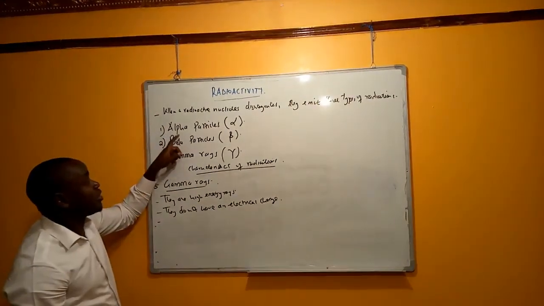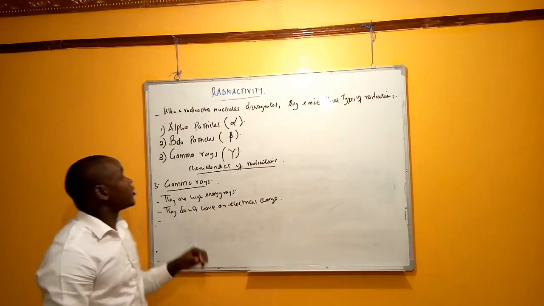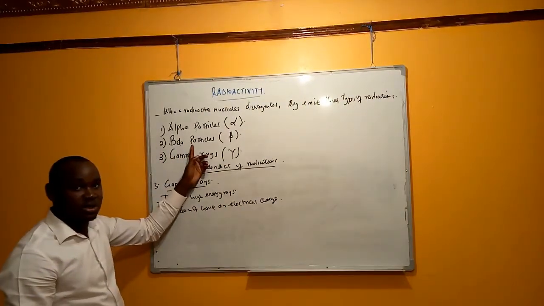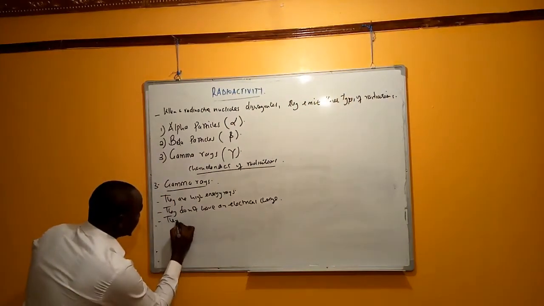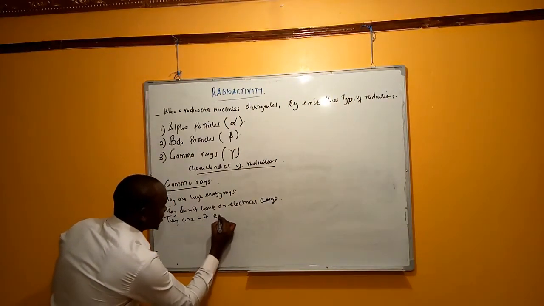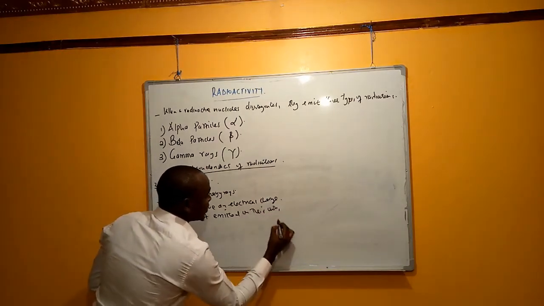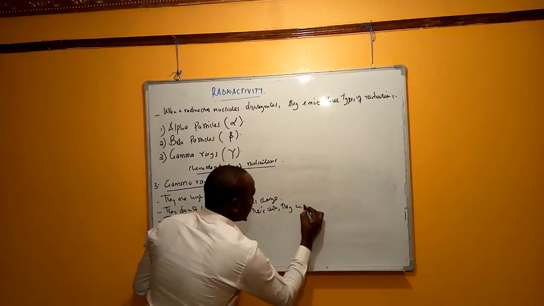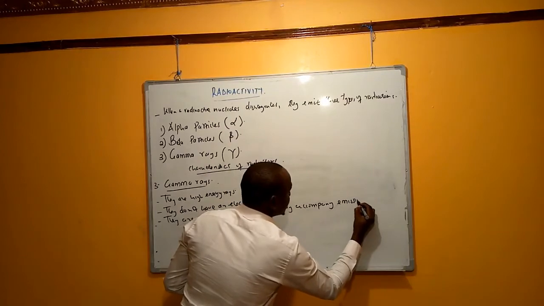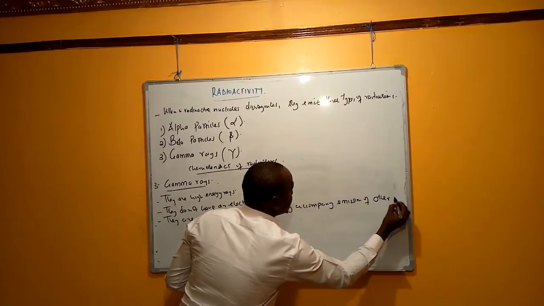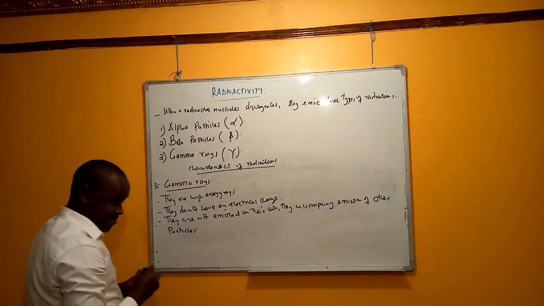Either in the emission of alpha particles, a gamma ray is emitted, or in the emission of beta particles or beta ray, a gamma ray is emitted. So they are not emitted on their own. They accompany emission of other particles. That's all about gamma rays.